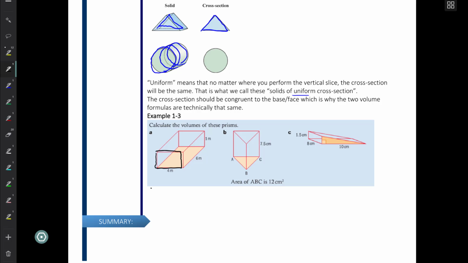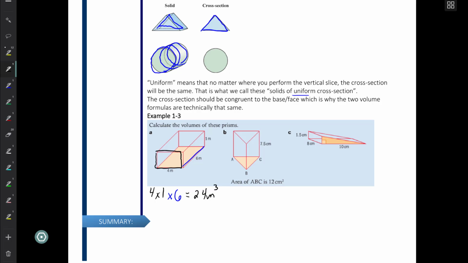So there's the area of my cross-section, 4 by 1, and then I'm going to multiply it by the length here, 6. That's easy enough to say that's going to be 24. These are all in meters, and remember the volume is going to be in cubic units. So 24 meters cubed for that box.